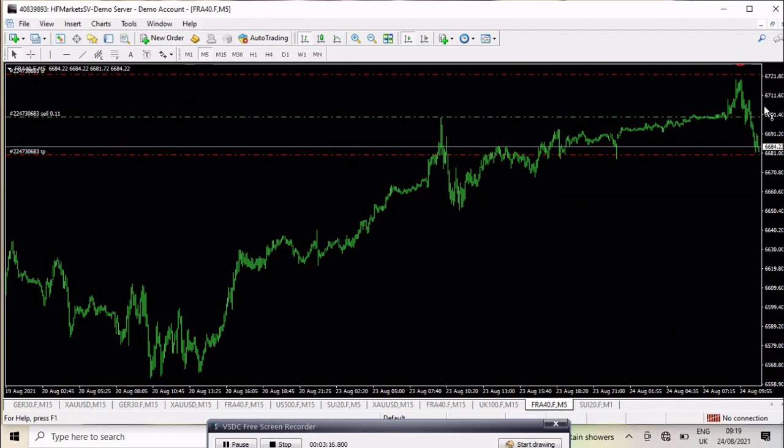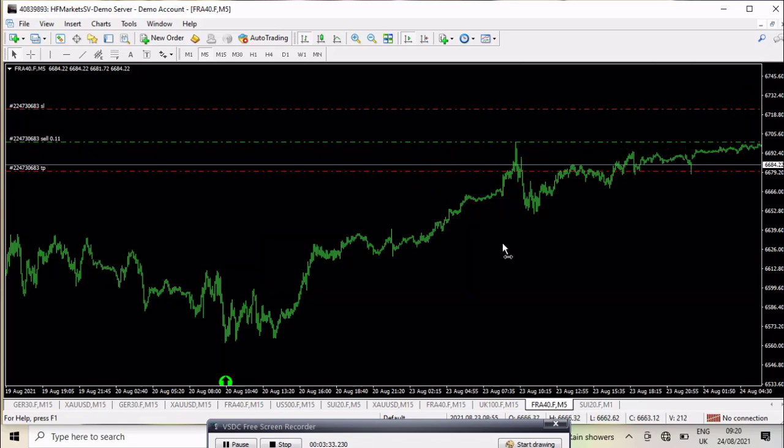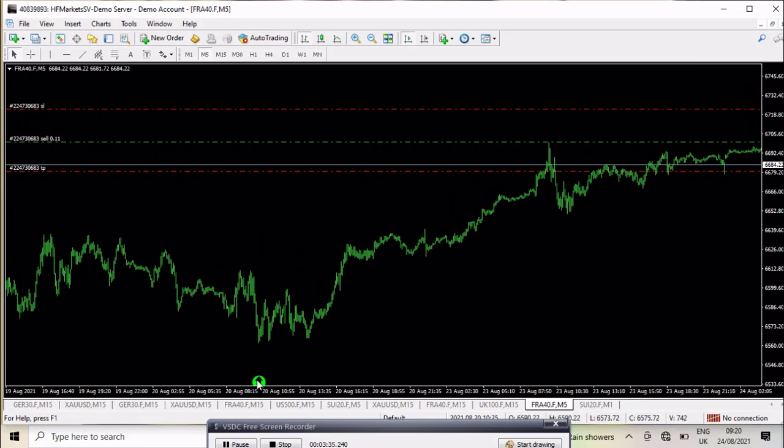Now let's check another pair. This is EUR/JPY. All right, I placed this trade also because of this signal generated here on 5 minutes, and it's almost at my take profit right now. Here's another buy.